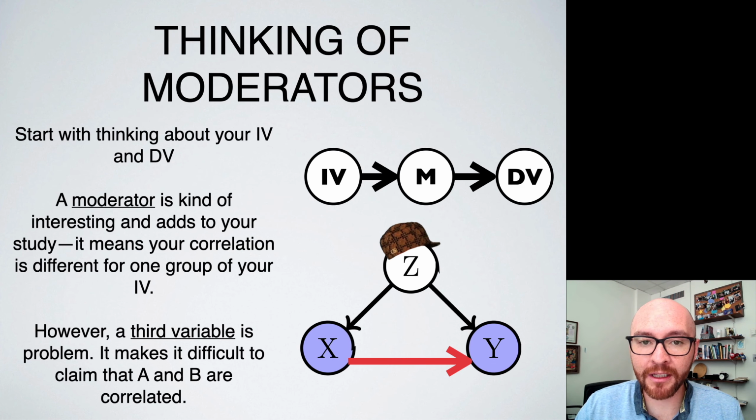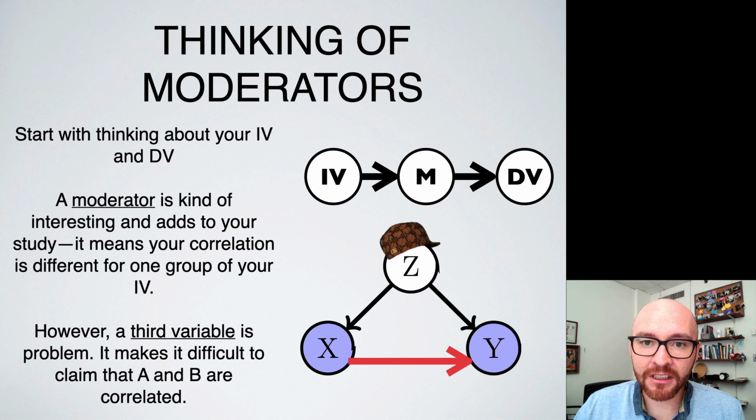A moderator variable is when the relationship between your two variables depends on this other variable. In the example I gave you, it was gender. A third variable, or a confound variable, same thing.